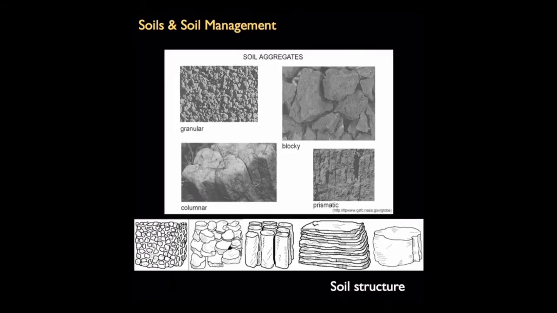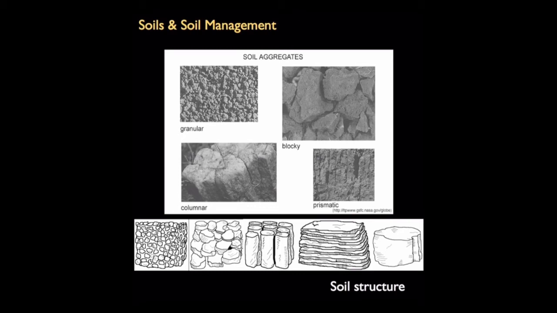Aggregation is promoted through cycles of wetting and drying, freezing and thawing, by the activity of soil organisms, and by an increase in organic matter content. Aggregates vary in size and shape, and in their integrity and strength of association with one another.